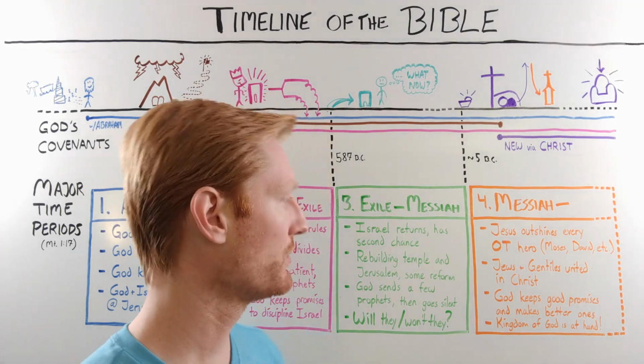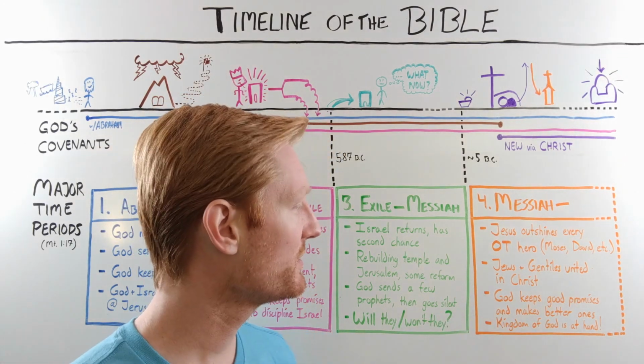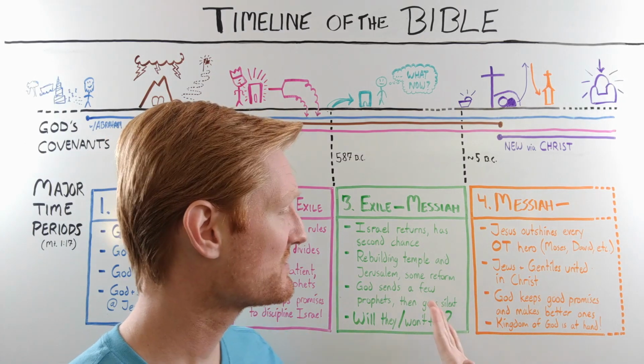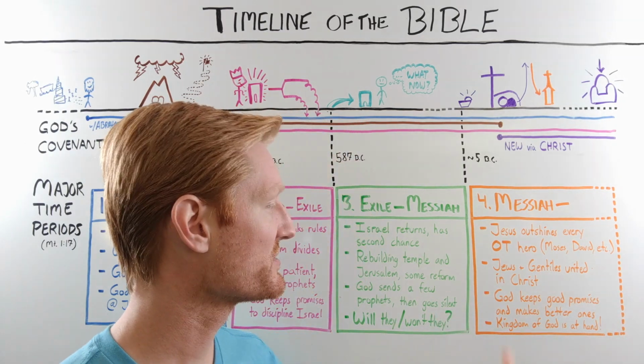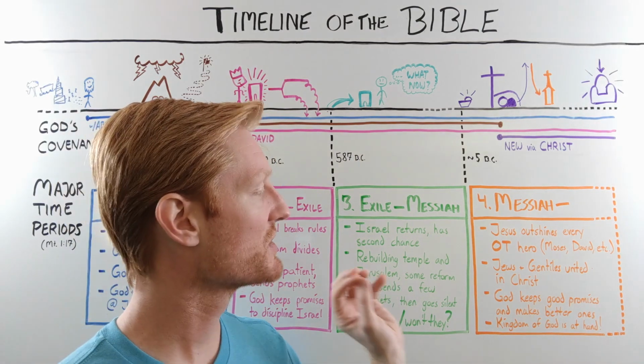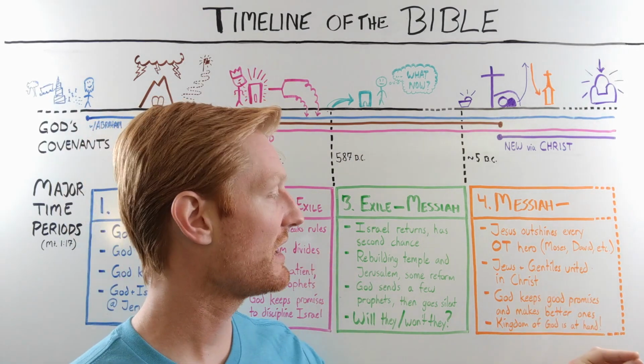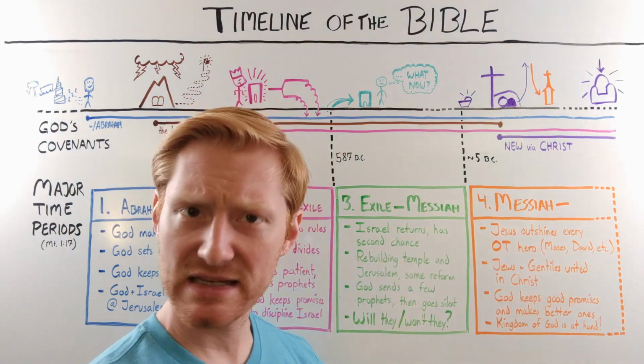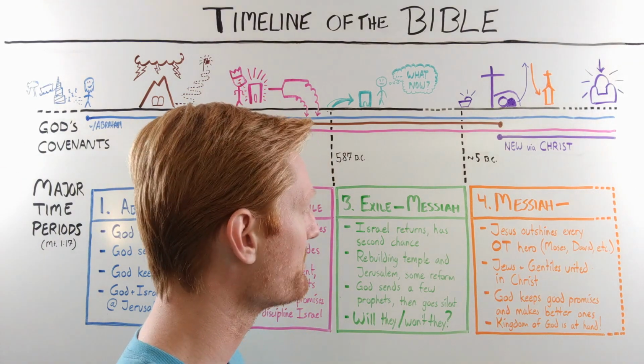It's really, really cool. So God keeps good promises to his people and even starts making better ones. It's just a better deal for us. Remember that God said that he was going to bless the nations through Abraham's descendants. We start seeing that in this chunk of time.